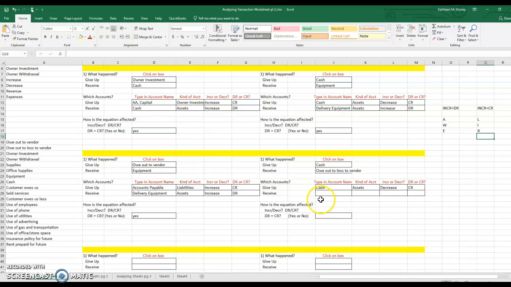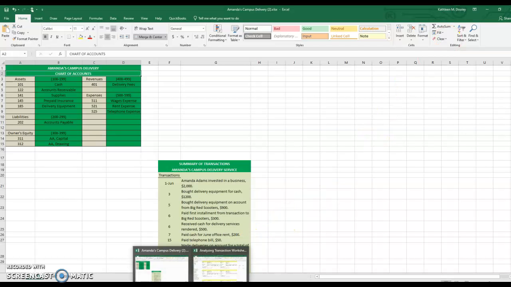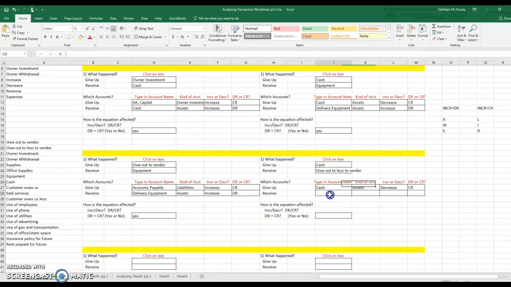What do we have here? For the receive, we owe out less to the vendor. When I owe out to the vendor, what account am I going to use? Well, when we owe out to a vendor, whether it's more or less, we're talking about the accounts payable account. And so we're going to put that as our account name.